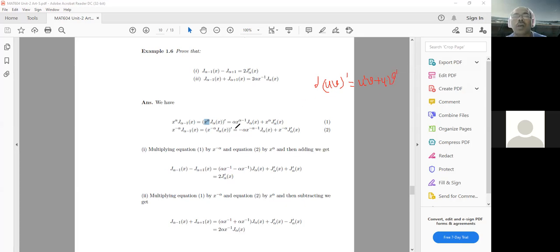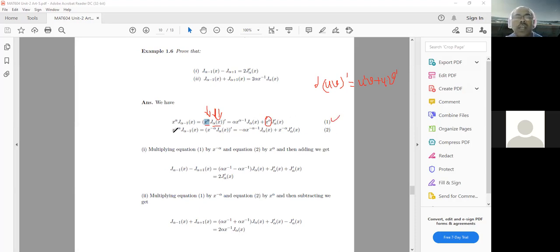So use this formula to find the derivative of the product of two functions. So this is the first function and this is the second function, u v, plus the first function as it is into the derivative of the second function. Derivative of J alpha is J alpha dash. So we have this expression as one.